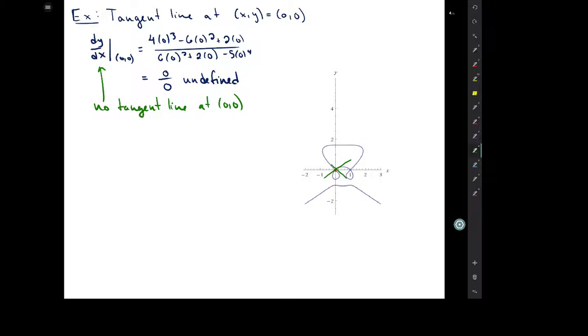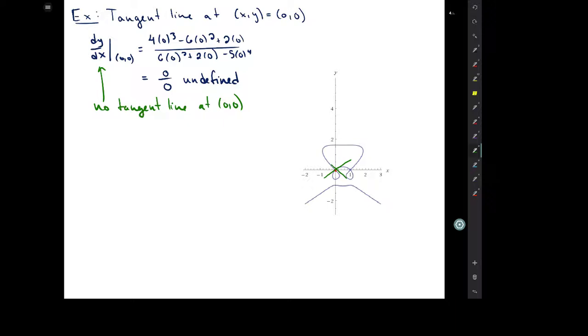I mean, it's all the same one curve, but we don't know which part of it to use. So what we see reflected in this derivative that we found implicitly is that sometimes we do not have a tangent line, because this formula that we found is undefined, and that is reflected geometrically in our picture.